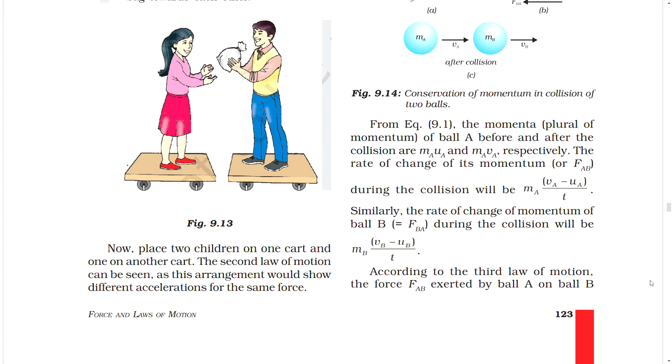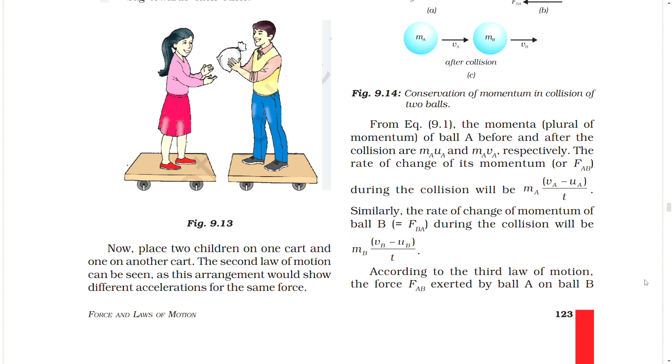From the equation, the momenta of ball A before and after the collision are mAuA and mAvA respectively. The rate of change of its momentum, or FAB, during the collision will be mA(vA minus uA) by t. Similarly, the rate of change of momentum of ball B, equal to FBA, during the collision will be mB(vB minus uB) by t.